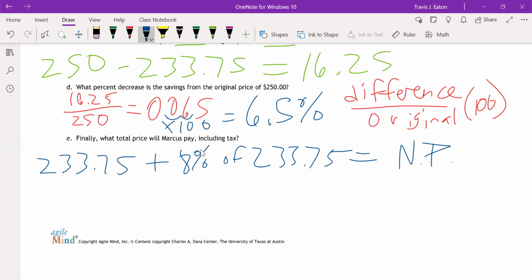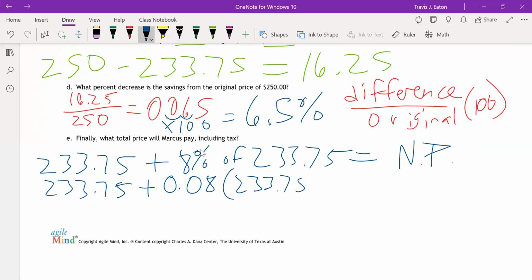So 233.75 multiplied by 8%. Okay. So remember, that's 233.75 plus 0.08 multiplied by 233.75 equals the new price.